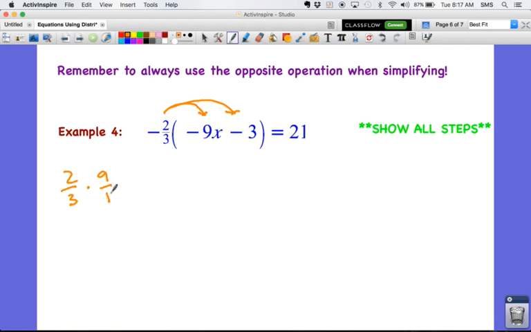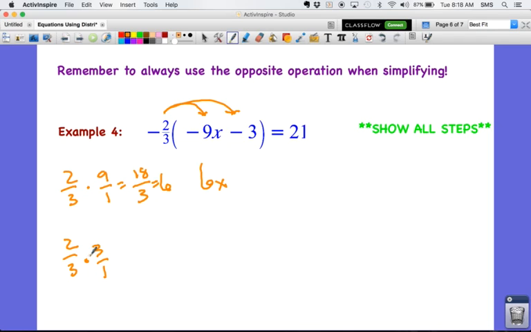We're going to have to do this work on the side here, and I'm going to get 18 over 3, and 18 divided by 3 is 6. So it becomes a whole number. We just have to know how to multiply fractions. So 2/3 times 9 is positive 6x. 2/3 times 3, let's show the work over here.